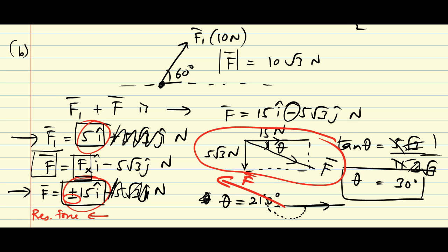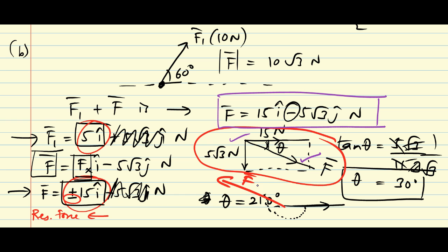Why is it correct? Because we have derived that the force F bar has a positive x component 15 and a negative y component, which is minus 5 root 3, and therefore this figure must be right. It has a rightward component and a downward component, and therefore the general direction of F bar must be like this.